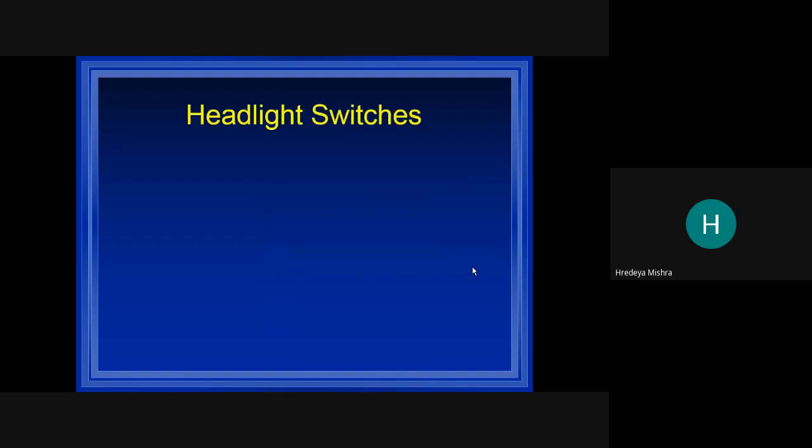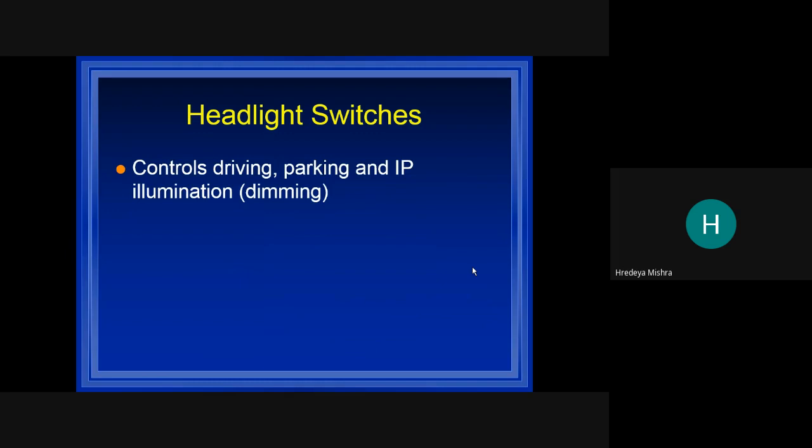So headlight switches control driving, parking, and IP illumination dimming. These are the headlight switches. These blow automatically when we drive at night, and when we park our car, the parking light is blowing.